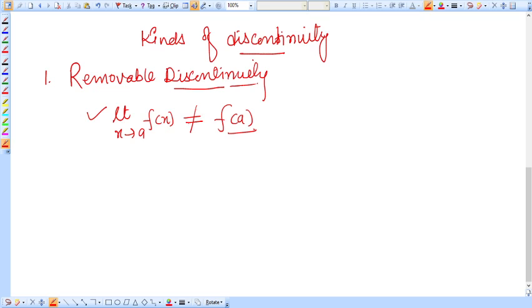If you assign the value of the function at a equal to the limit, then this becomes a continuous function. In this way you can remove the discontinuity of this function. Therefore this is known as removable discontinuity.